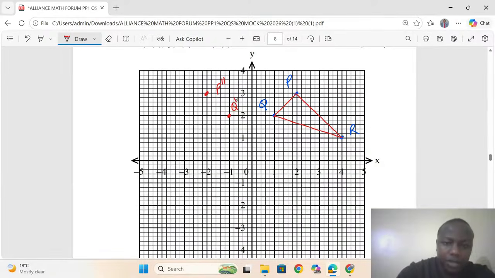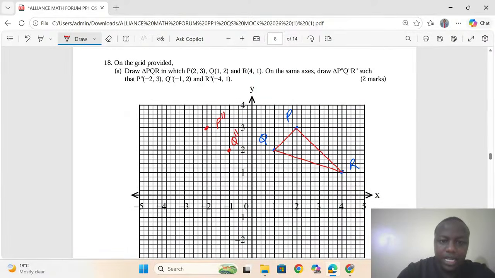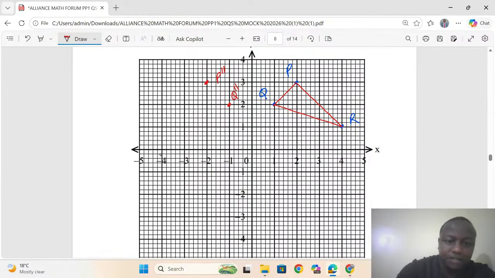So Q double prime, and finally -4, 1. It's here. This is now R double prime. Then we can connect to come up with the triangle.